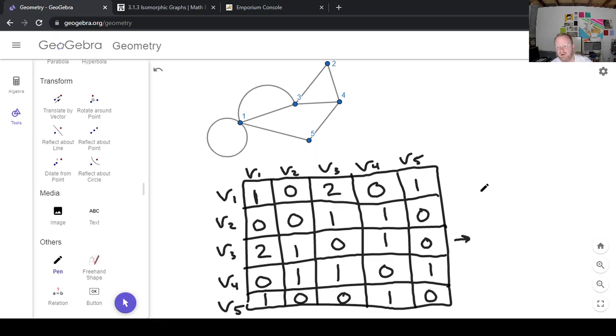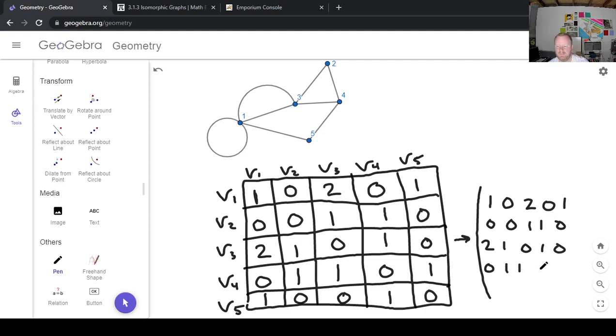So our adjacency matrix is just going to be one big parentheses, and then I'll write out these same numbers that I've got in the table. Okay, so this thing is called our adjacency matrix.